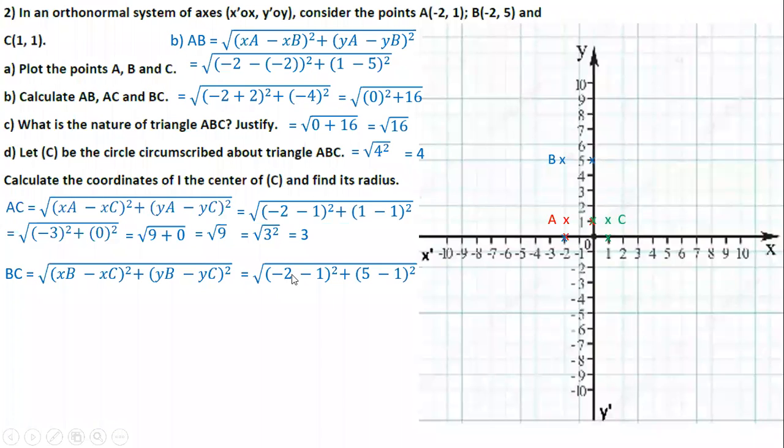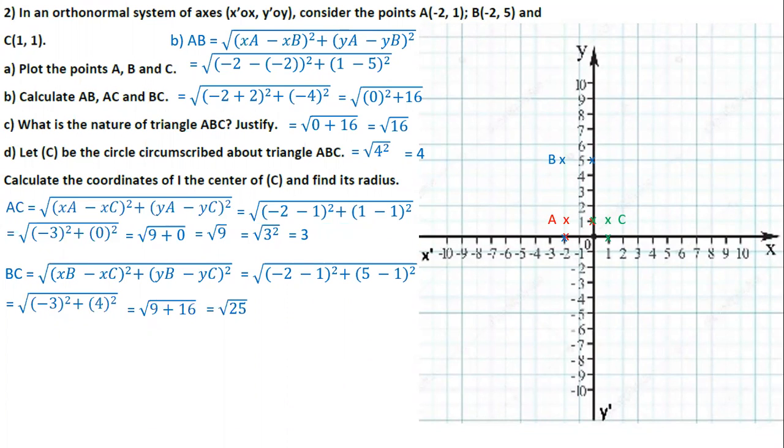Negative 2 minus 1 is negative 3. 5 minus 1 is 4. Negative 3 squared is 9, 4 squared is 16, and 9 plus 16 is 25.